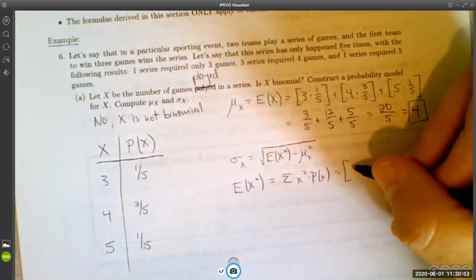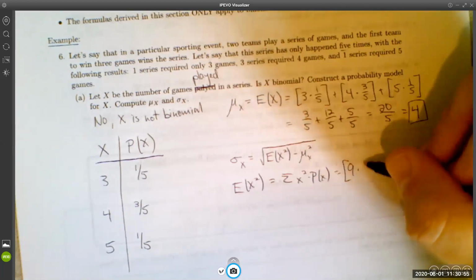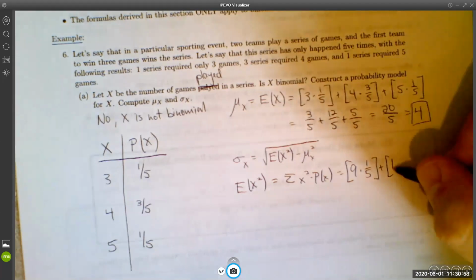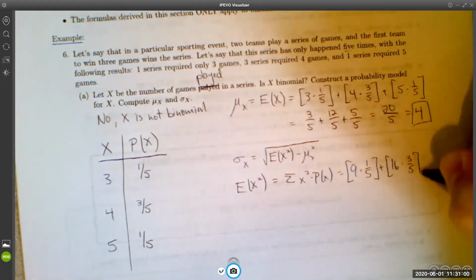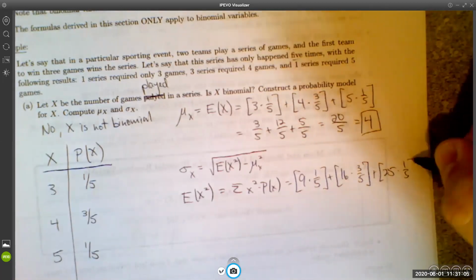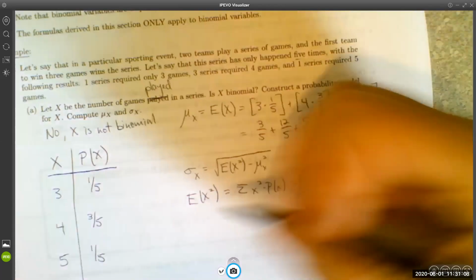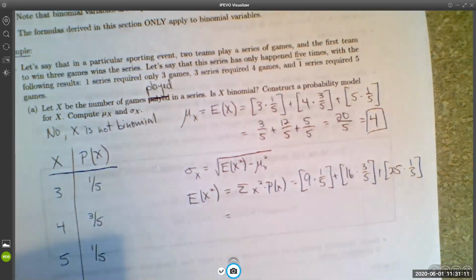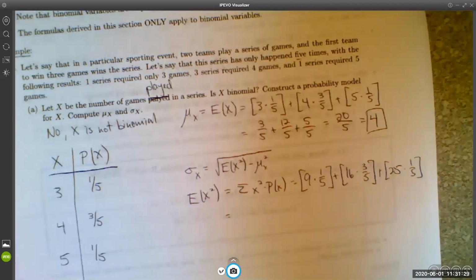So I'm going to get 9 times 1/5 plus 16 times 3/5 plus 25 times 1/5. Let's see what we get. I'm just going to go ahead and punch this into my calculator. So I've got 9/5 plus 16 times 3 is 48, 48/5 plus 25/5. That's 82/5. That's 16.4.